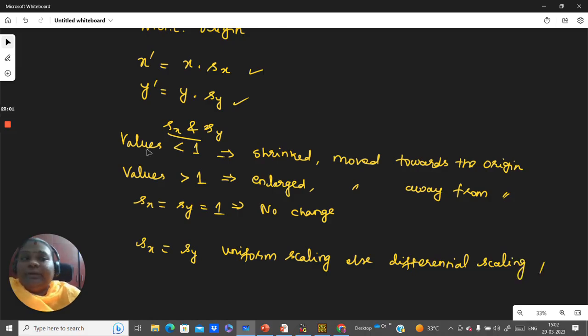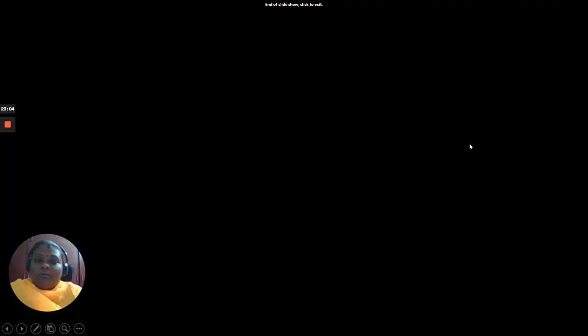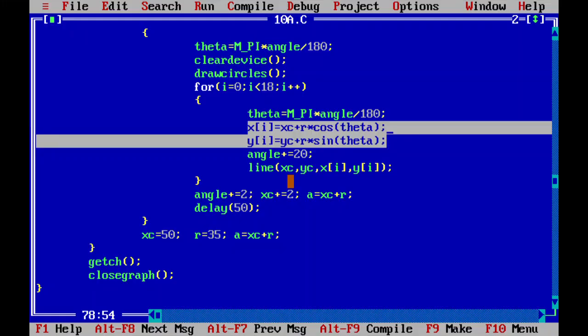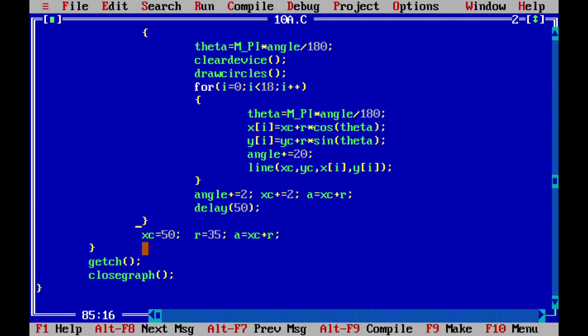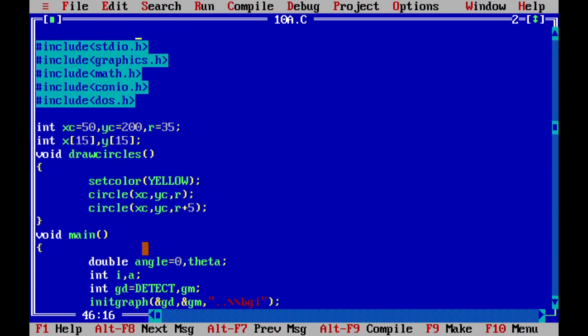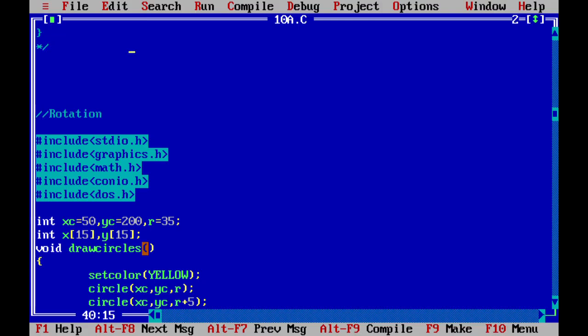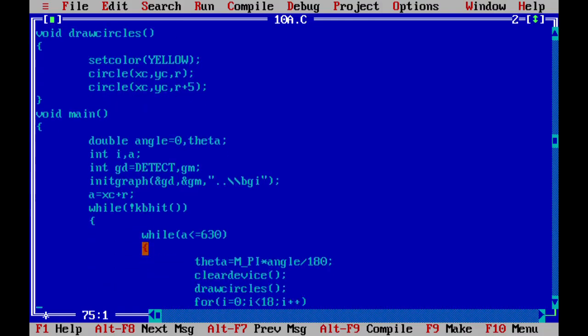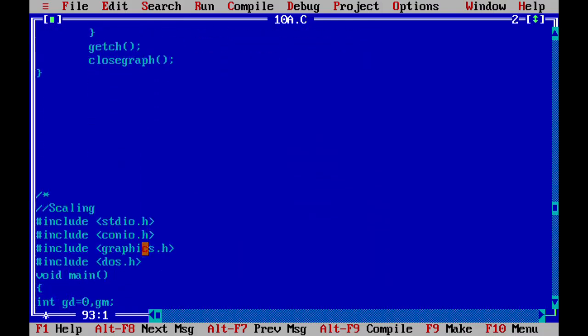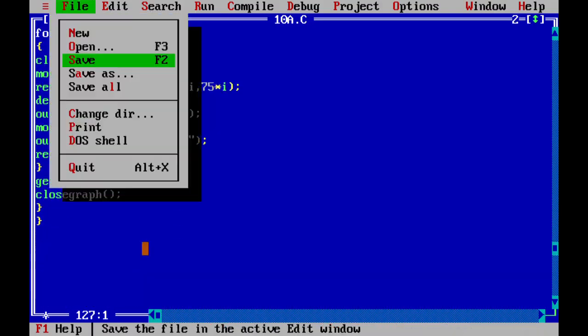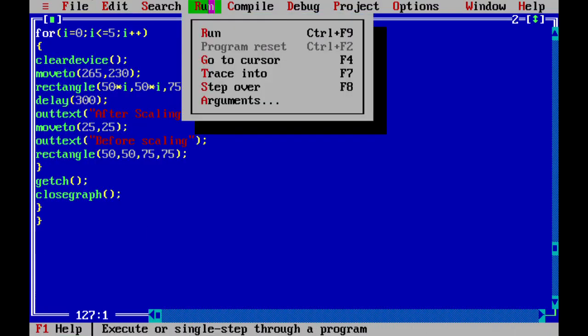Okay, all right, let's go for the demo. Again, I need to block the codes of the rotation. So when you see here, the object size is varying.